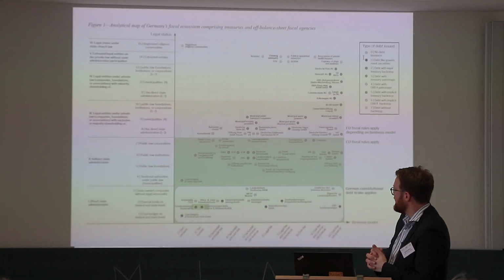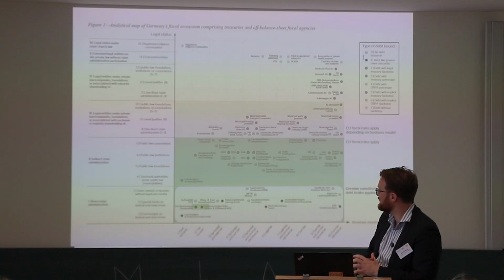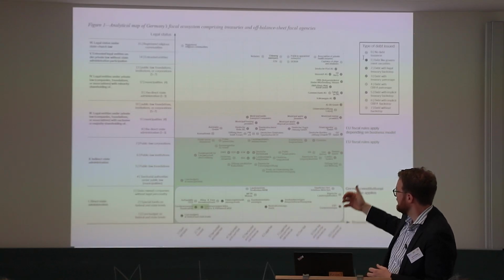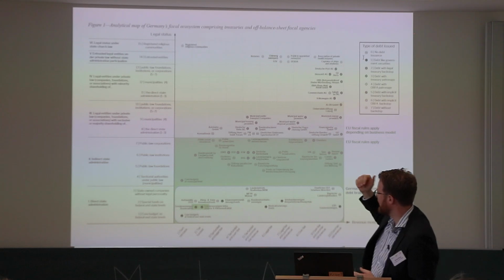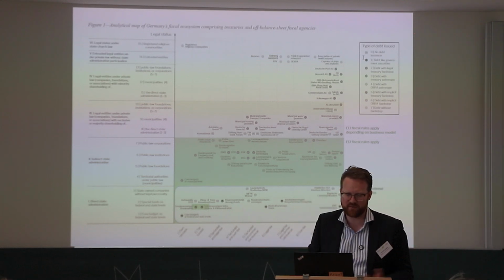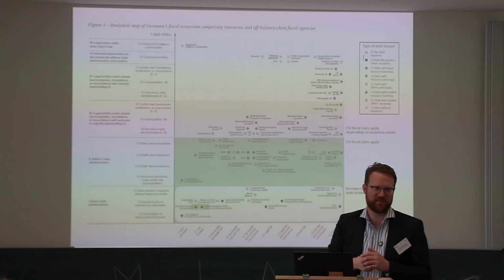This exercise took us a long time to develop the categorization scheme on the y-axis. But if we really take this categorization, we will find maybe just tens of thousands of OBFAs in Germany.